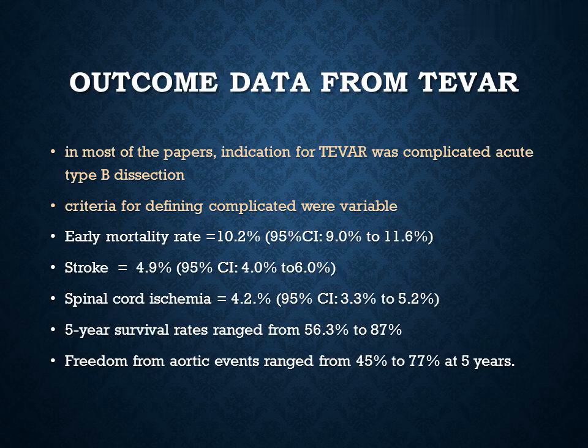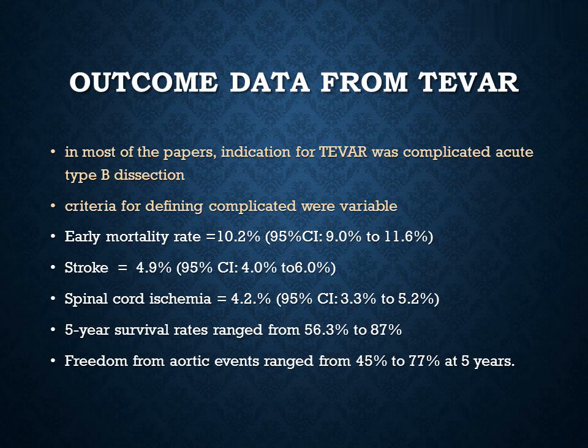Outcome data from TEVAR. In most of the papers, the indication for TEVAR was complicated acute type B dissection. Criteria for defining complicated were variable. Early mortality rate equals 10.2%, 95% CI 9.0% to 11.6%.